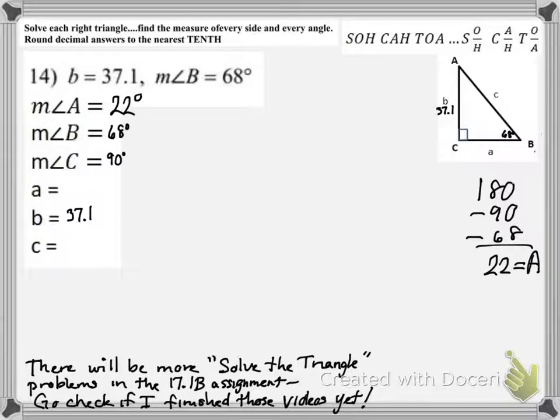I only have one side, so I can't use Pythagorean theorem this time. But let me look at what I do know over here. I know that I have angle B is 68 degrees, and I know that lowercase b is opposite from that. I have a hypotenuse over here along this side, opposite the right angle. It's not going to help me very much right this second because it doesn't have a number on it, but we'll see.